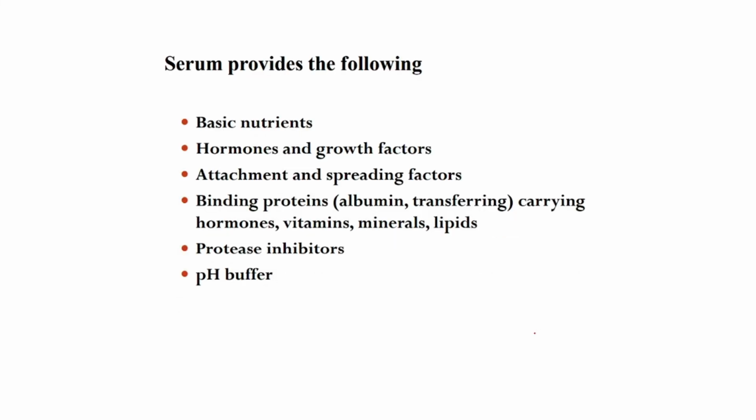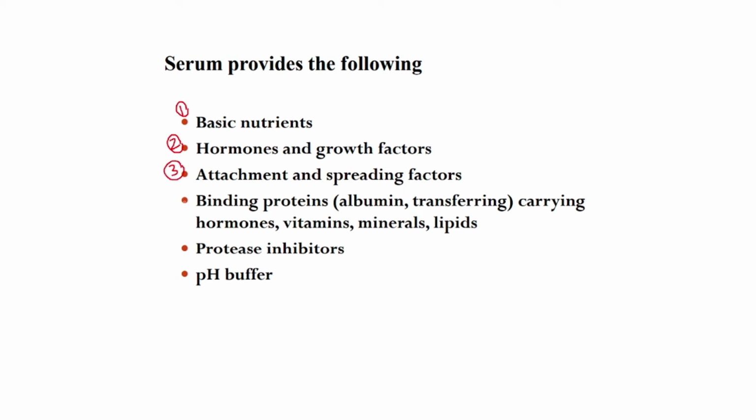Now in general we provide serum to any type of animal cell culture. Suppose we are working with basal medium. Now the question arises, why do we need to provide serum? We need to provide serum because serum provides these factors: number 1, basic nutrients; number 2, hormones and growth factors; number 3, attachment and spreading, because you know mammalian cells are adherent cells, so serum helps in attachment of mammalian cells.